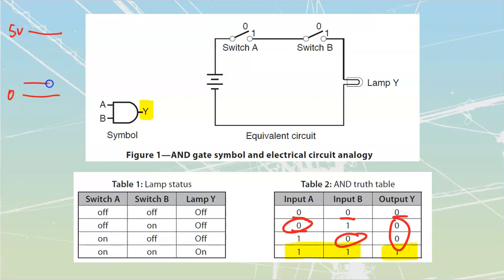Basically, there are going to be levels. Anything that is 0.8 and below is going to be seen as a low. Anything that sits at about 2.2 volts and above is going to be seen as a high. And we do have a small ambiguous area here where it's going to be no man's land. It could be read as either high or low, so we just keep our signals out of that.